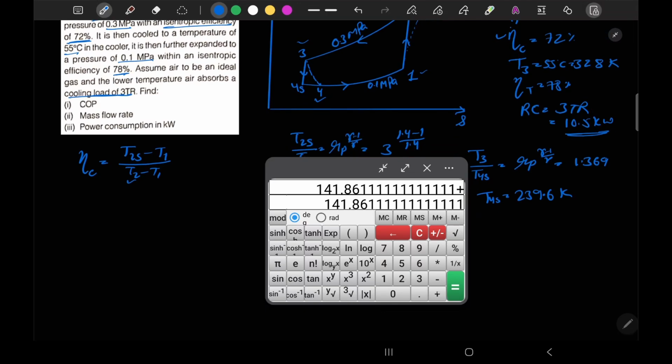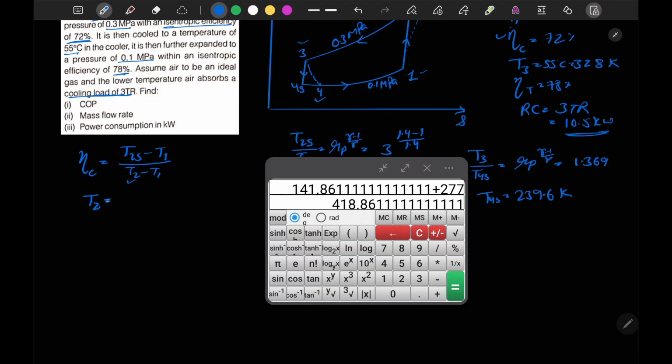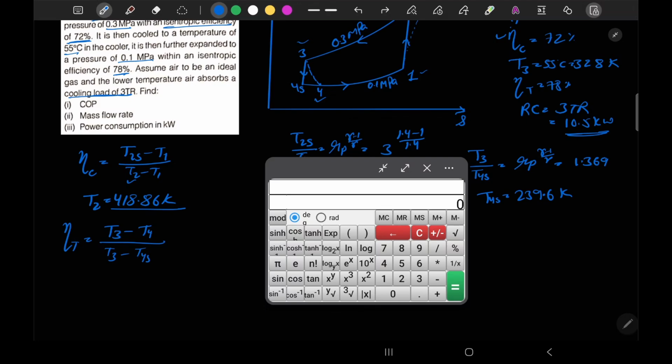Okay, now if we add the value of T1, that is 277, we will get value of T2 is equal to 418.86 Kelvin. Okay, similarly we know that eta of turbine is given by T3 minus T4 upon T3 minus T4s. So if we solve this, eta T value is given as 0.78, into T3 value is given as 328 minus T4s is given as 239.6.